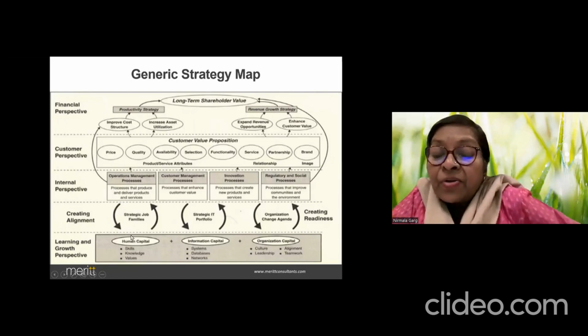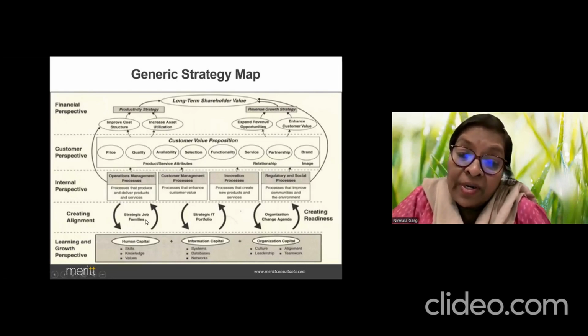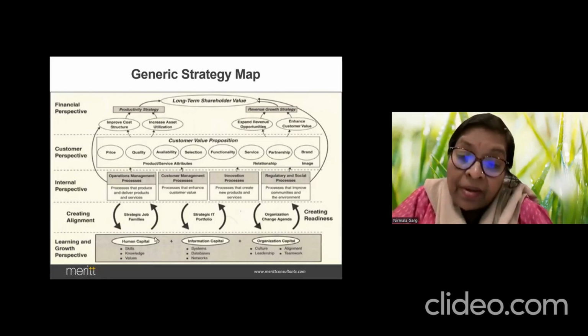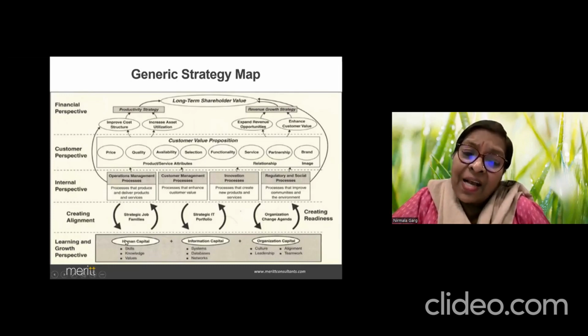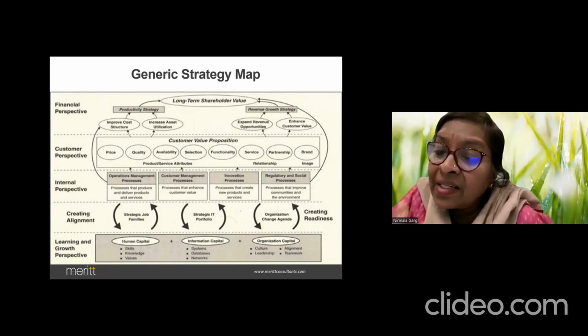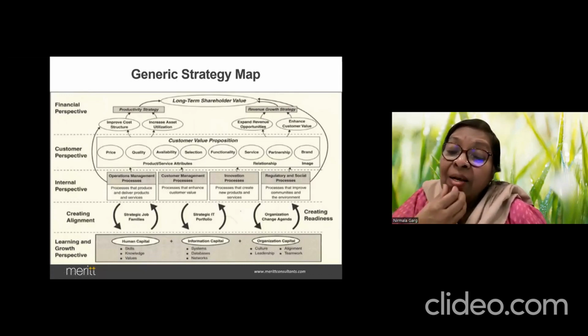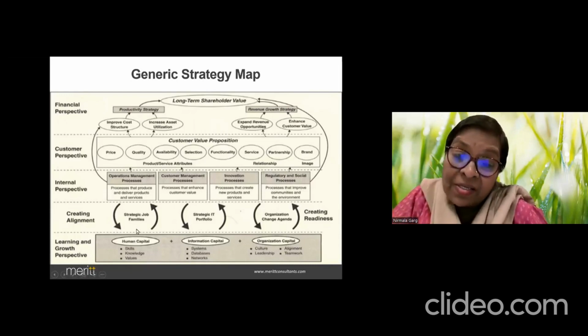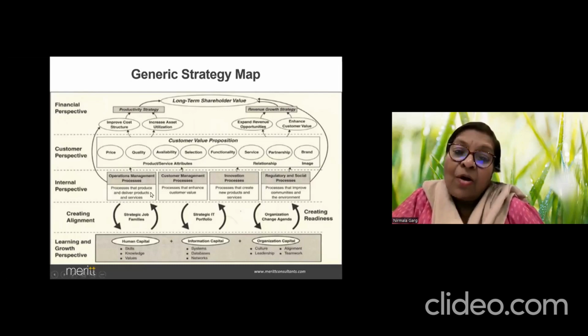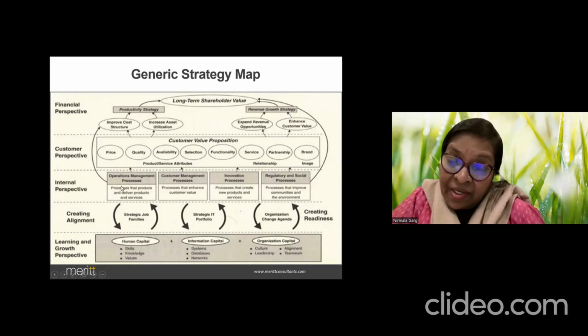What typically happens in organizations when you're creating a strategy map is that the team sits together and does a lot of brainstorming, saying, does this actually create alignment with this? Does it achieve this? So you are also getting a consensus. Only when everybody agrees, yes, if we do this, it will actually achieve our process efficiency or delivery, then they create that.